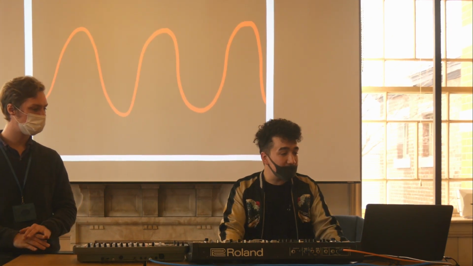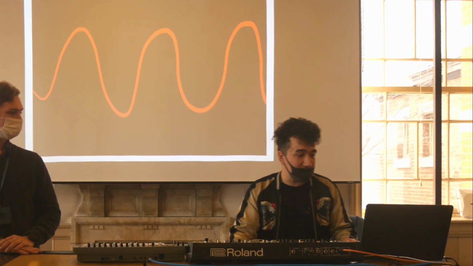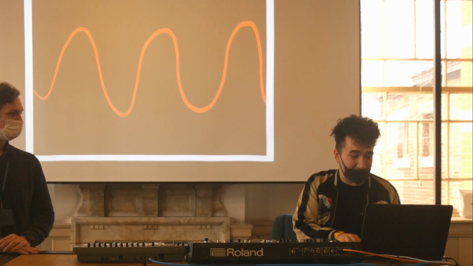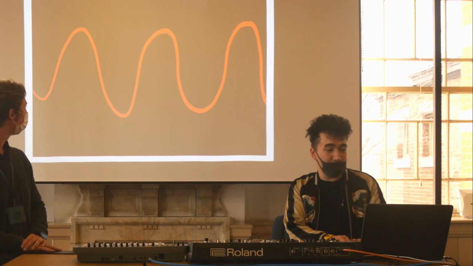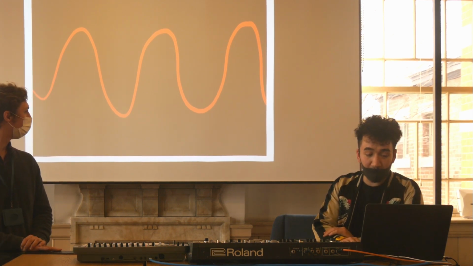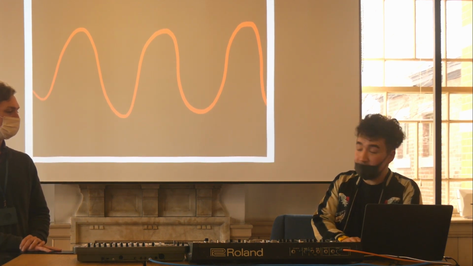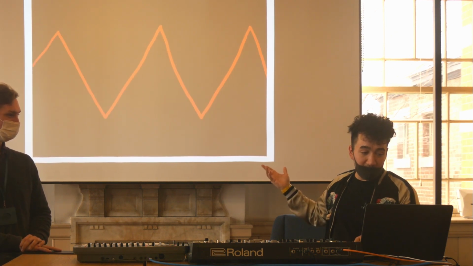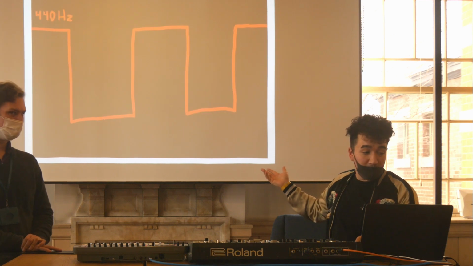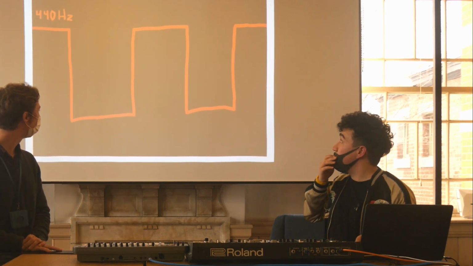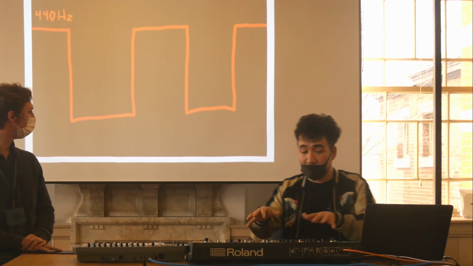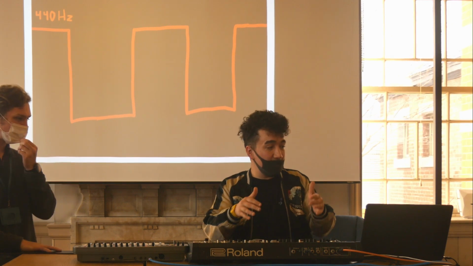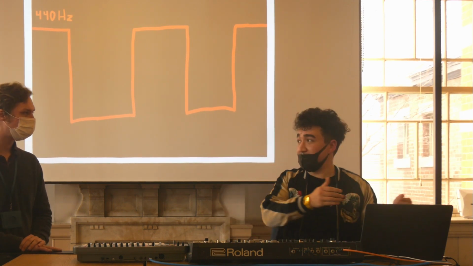So let's get started with the waves. This is frequency we're talking about here. There are several different types of main waves that synthesizers use, for example, a sine wave, a sawtooth wave, a triangle wave, or a square wave. And every wave that comes out of the synthesizer will have a corresponding frequency.